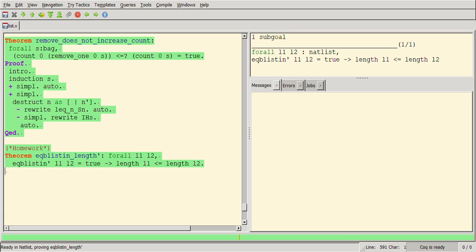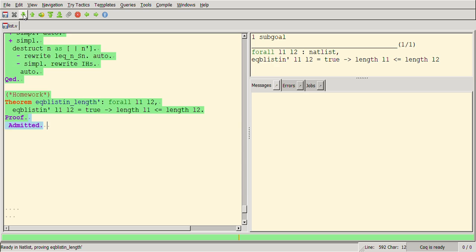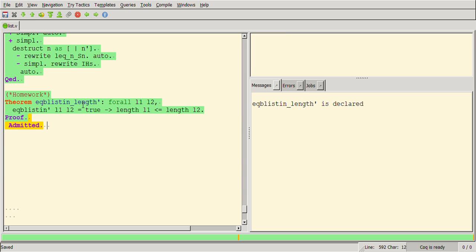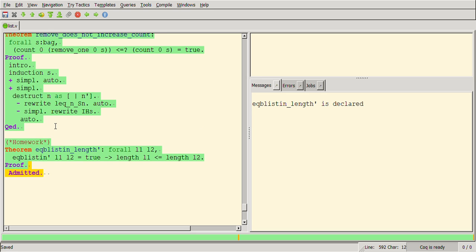So this is the homework for you, and I just admit this theorem. So it is admitted, and this is the work for you. So please try induction on L1 and try to close this theorem. Thank you.